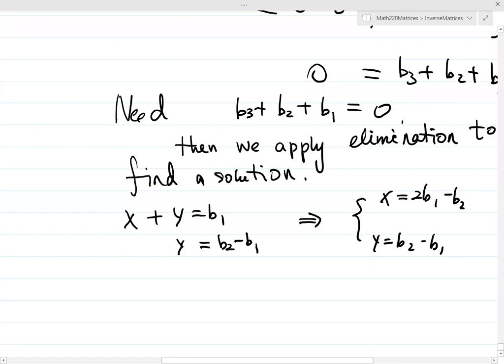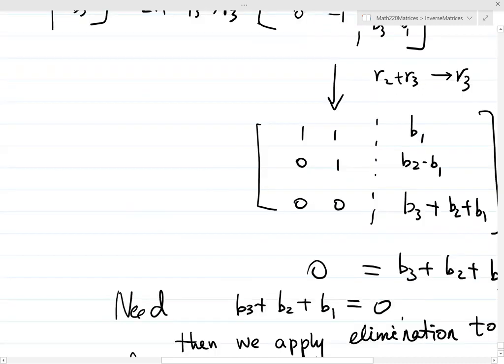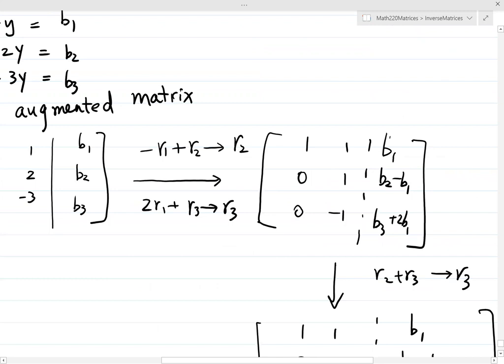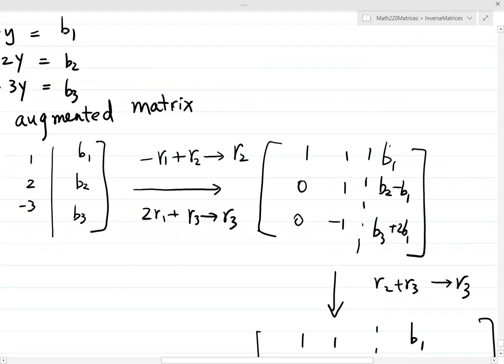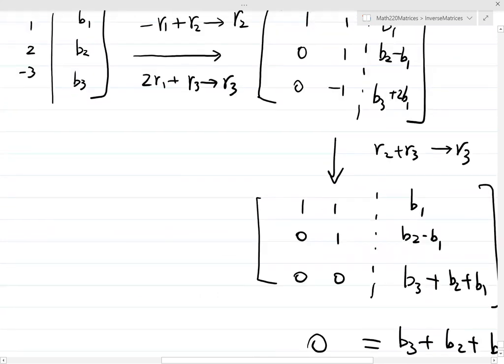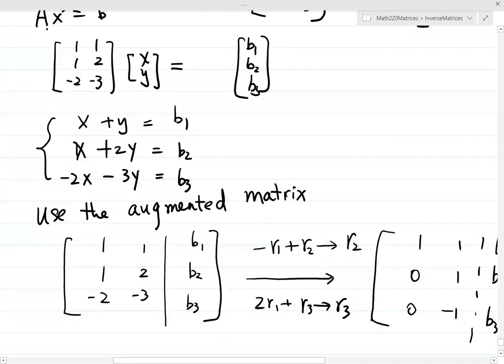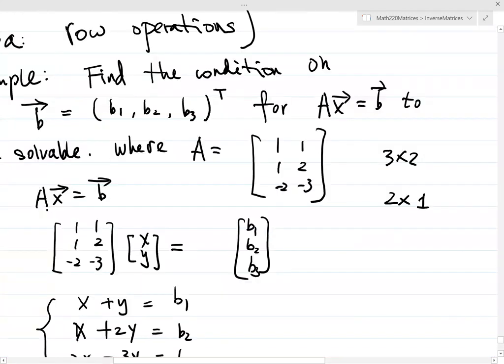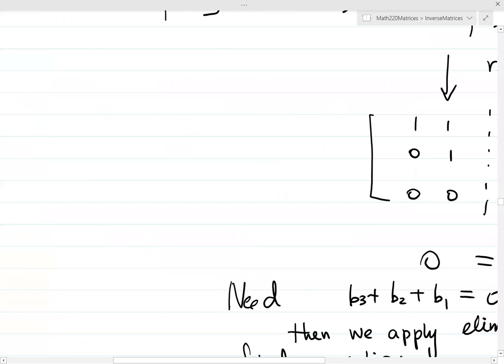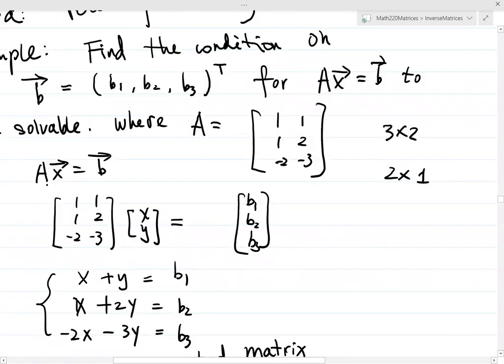So here the rank of A is the dimension of the row space of A. The row vectors, you see after elimination, we actually have two non-zero row vectors. So the row space spanned by the row vectors is dimension 2. So rank of A is 2.